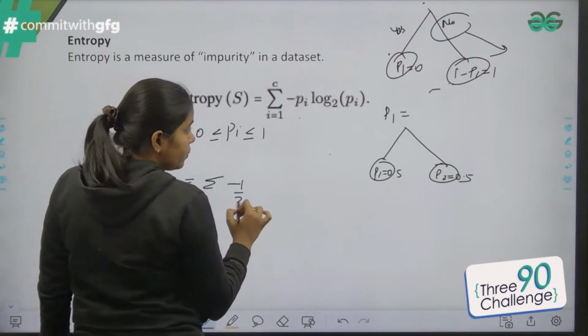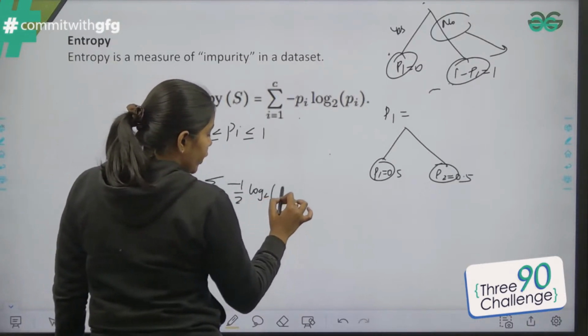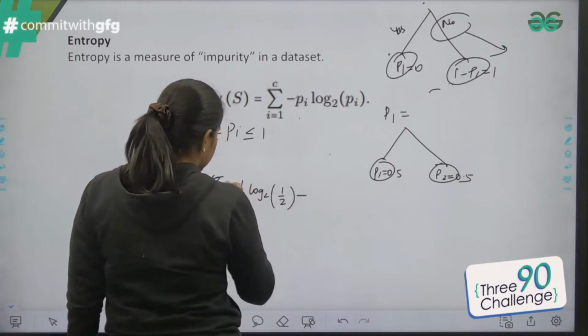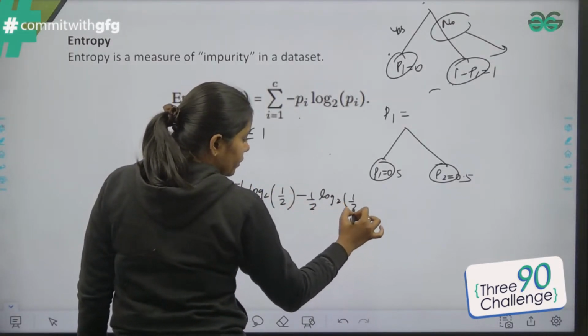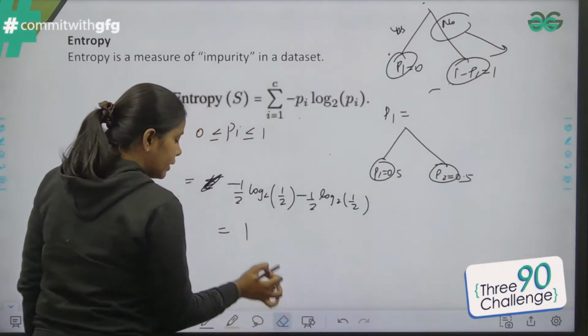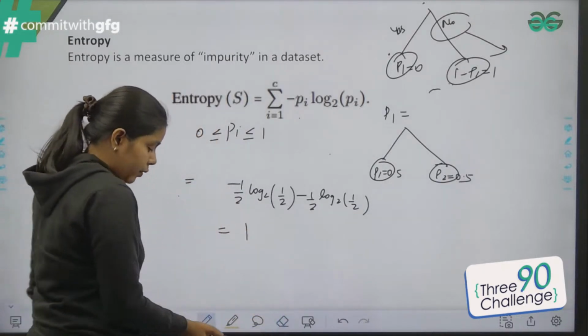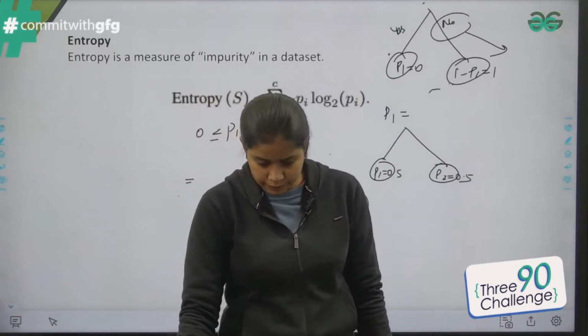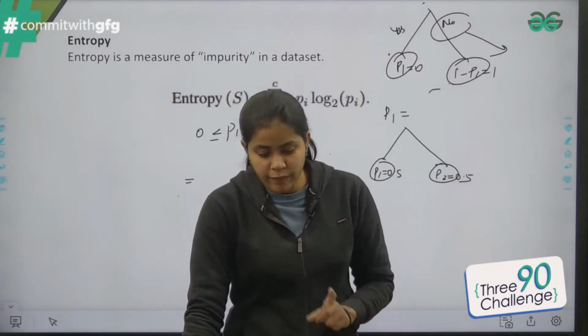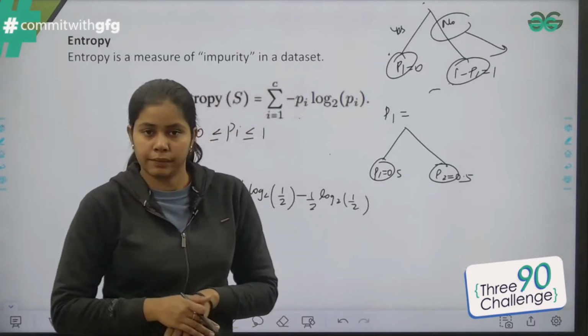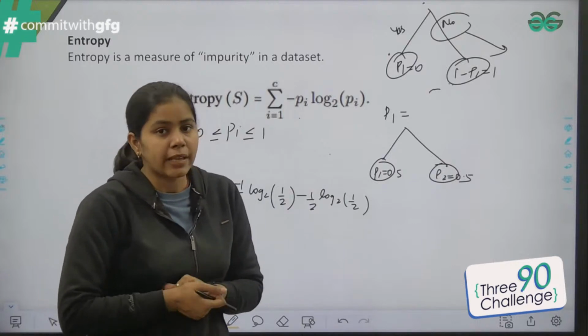Minus 1 by 2 log 2 1 by 2, plus minus 1 by 2 log 2 1 by 2, right? And on solving you will get the value 1. Then you will get maximum impurity. The maximum value of entropy can be 1 in case of binary classification.